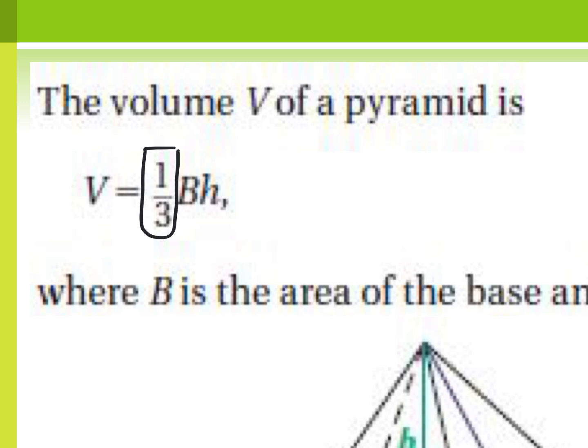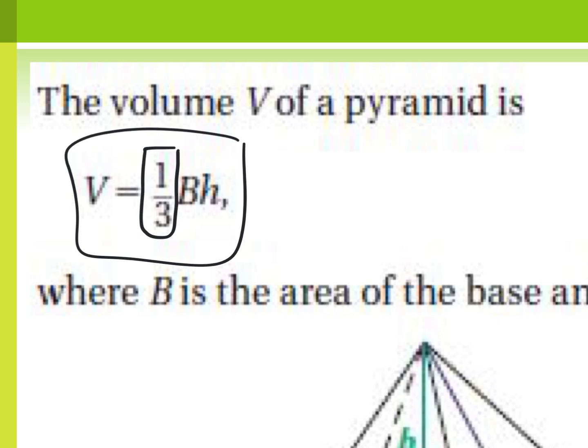Now remember, is multiplying by 1/3 going to make your volume smaller or bigger? Smaller. And we agreed that pyramids were a bit smaller than prisms, correct? And they're related by 1/3. So 1/3 the volume of a prism is the volume of a pyramid. And this is the only formula that you'll need to know for this whole lesson.